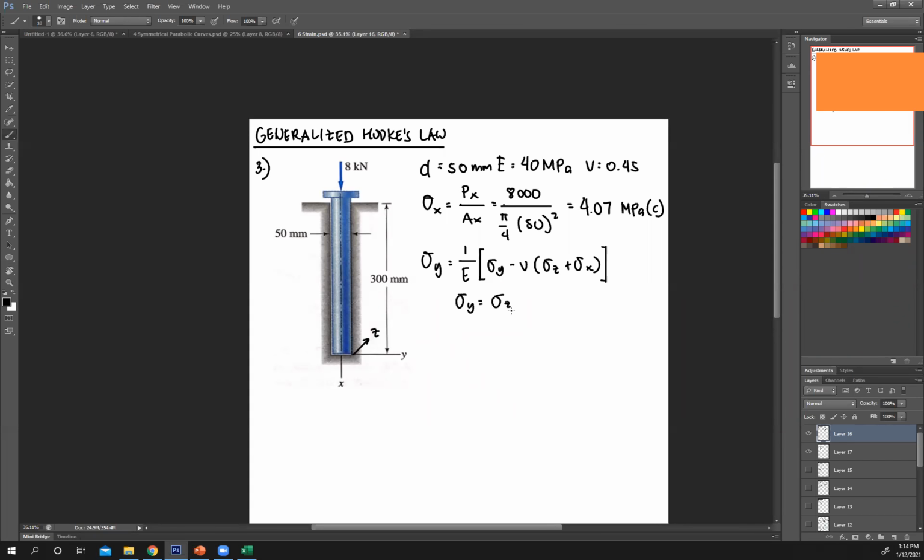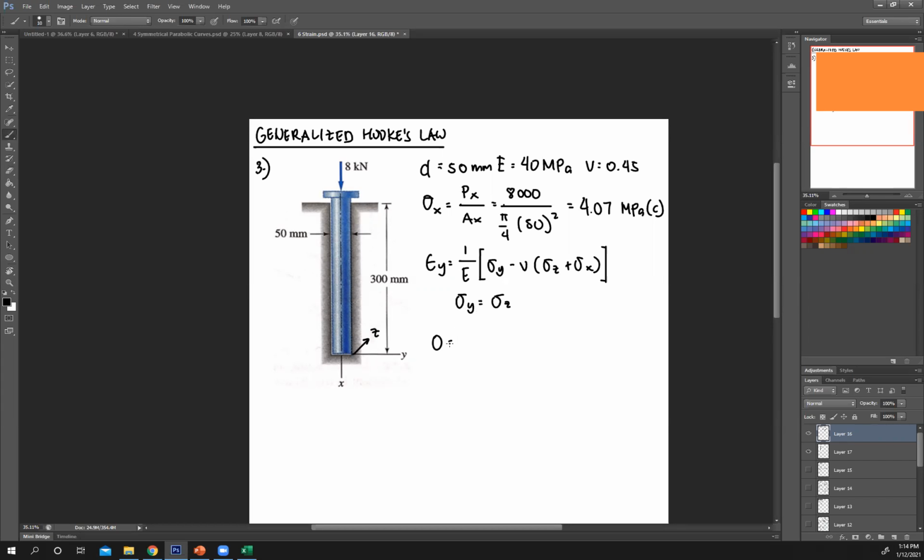So now we look for it. Not stress, strain in y. So now we can solve strain in y. That's change in length over original length, right? But there's no change in length along the y direction since it's restricted, so that's 0.